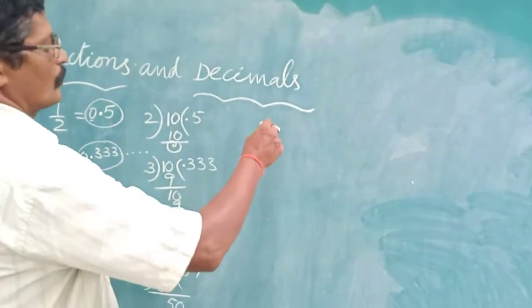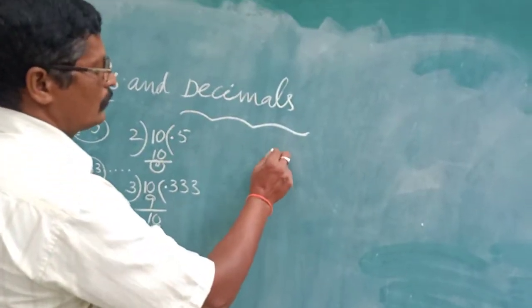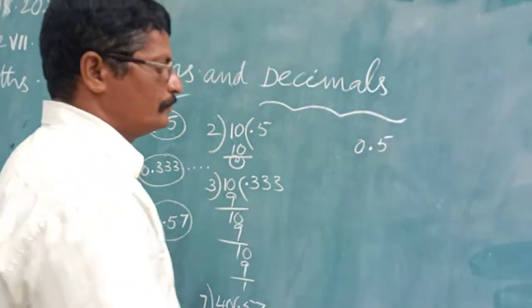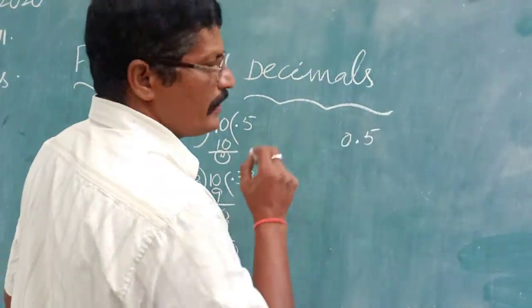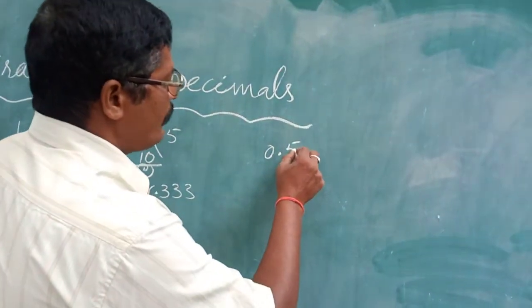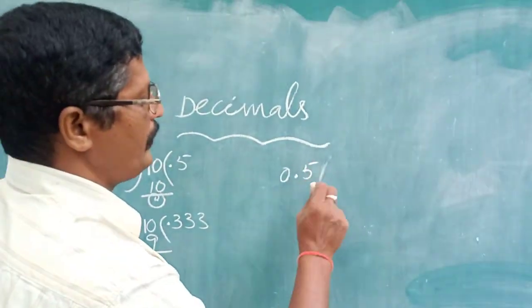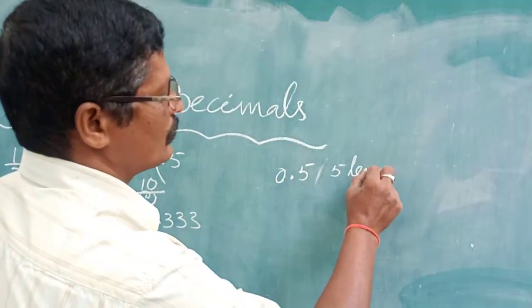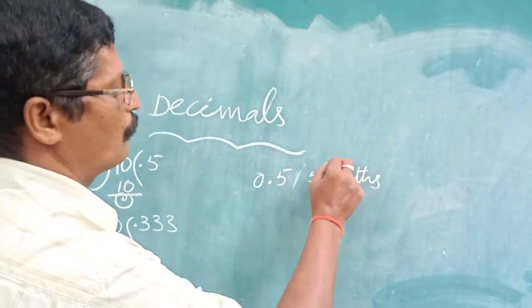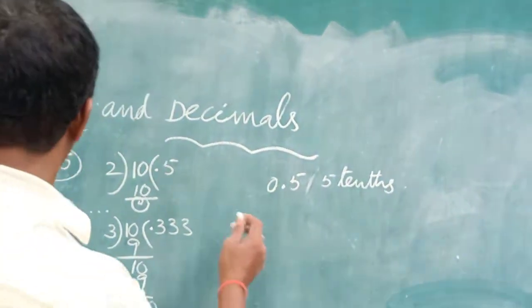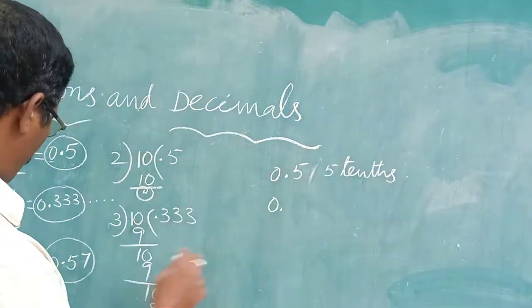Now in 0.5, 0 is called the integral part. 5 is called the tenths part. It means 5 tenths. Next, 0.57.